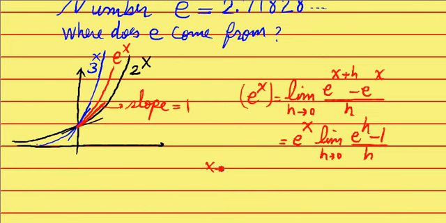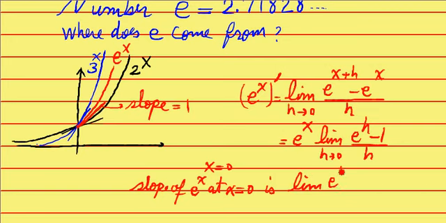So the slope of e to the x at the y-intercept, at x equal to 0, is the limit of e to the h minus 1 over h as h goes to 0. That e is adjusted so that that slope turns out to be 1.